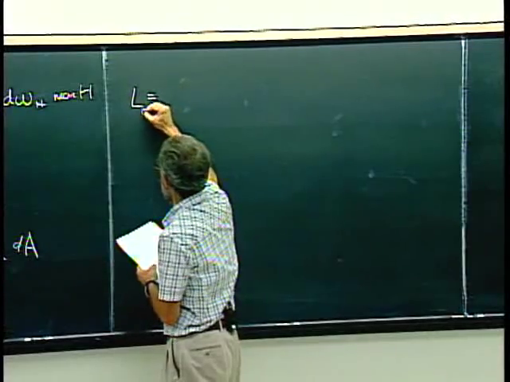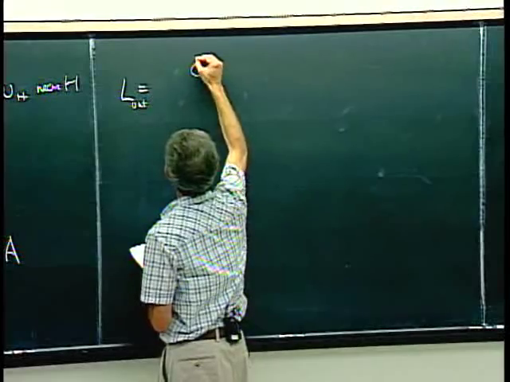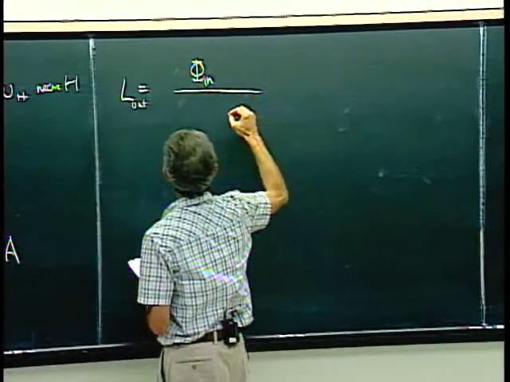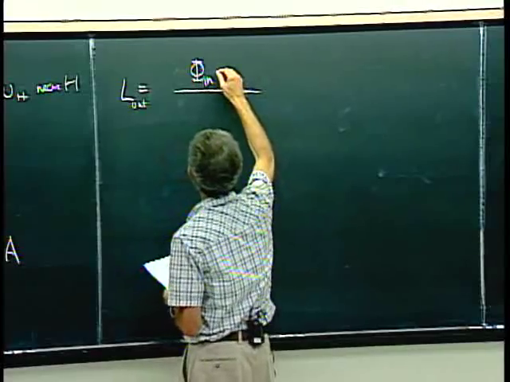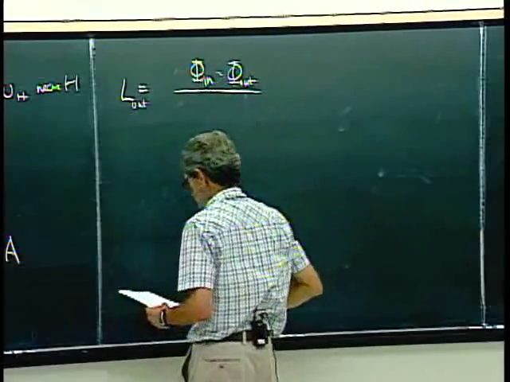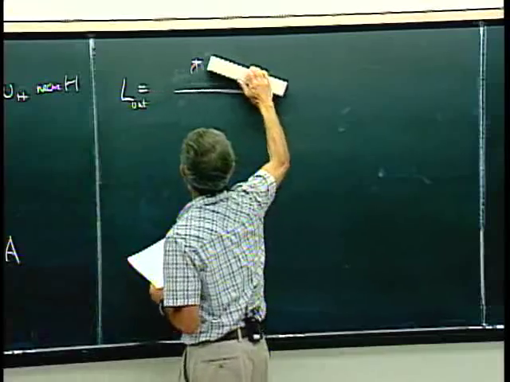I'm going to write L out. L out is supposed to be the flux coming in, or the flux coming out. We're assuming the flux coming in is the same as the flux coming out. So why don't I write it as flux? Actually, I call it a d phi there.